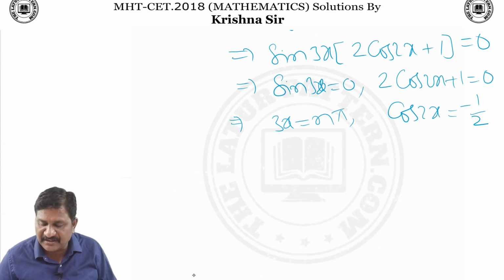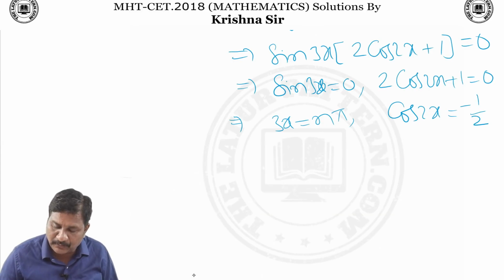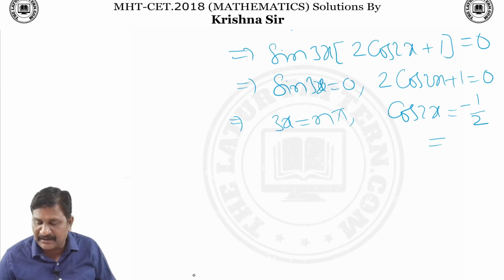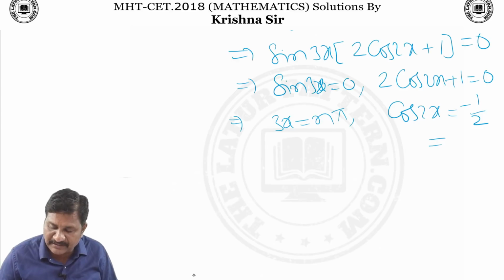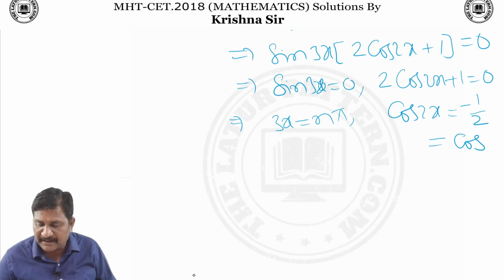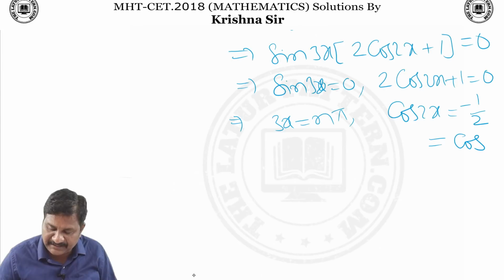Where cos theta is equal to minus 1 by 2, the cos value is negative, so it is in the second quadrant, where this value can be taken as 180 minus 60, that is 120. Now minus 1 by 2 can be taken as cos 120.